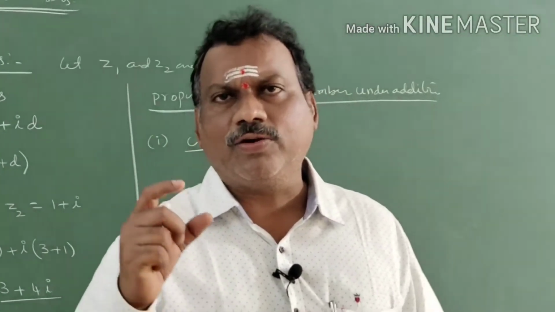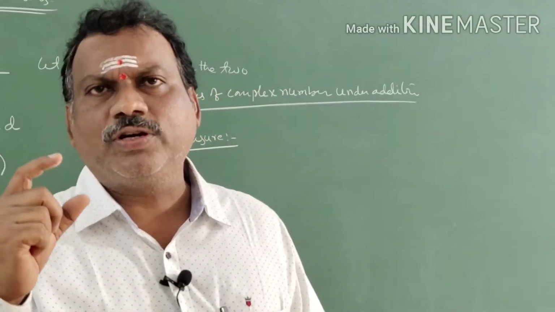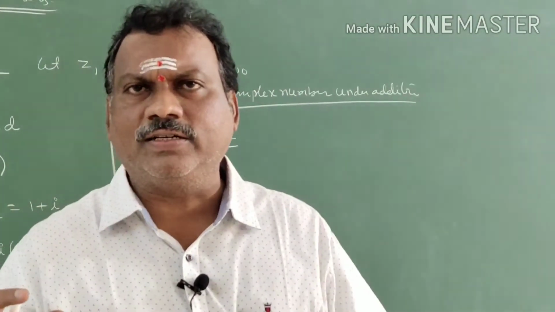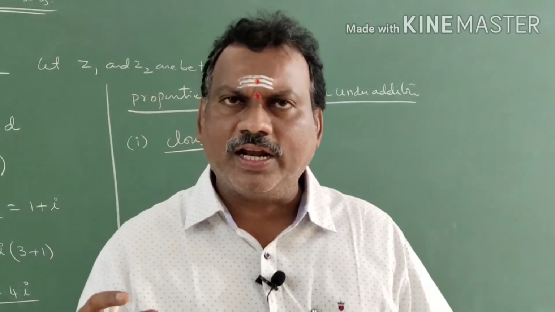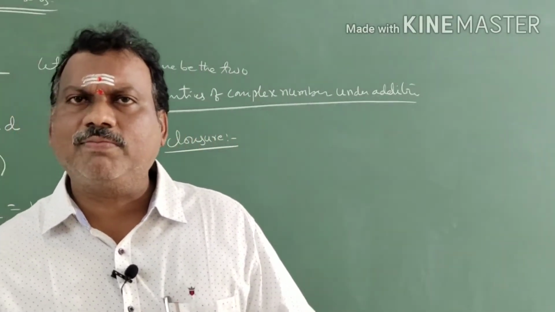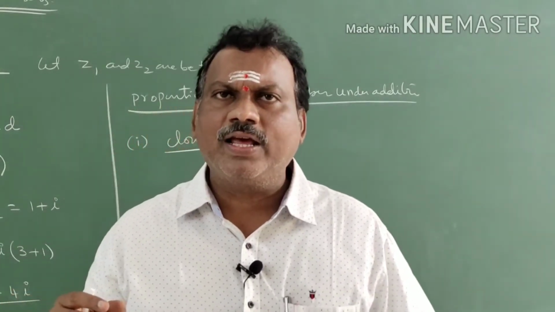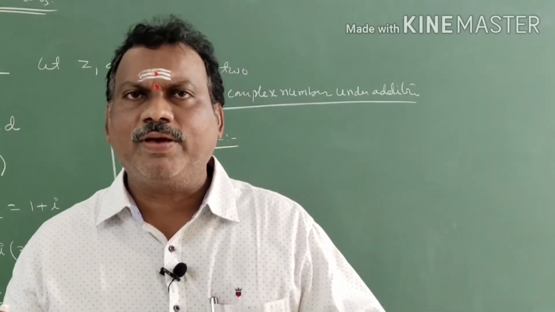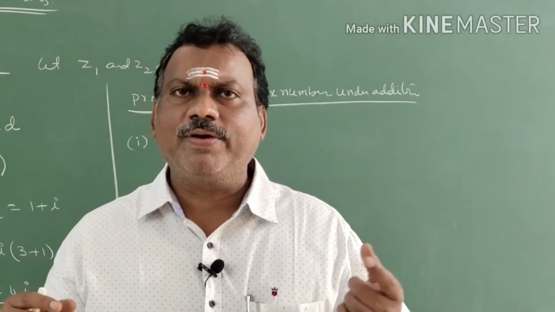Once again I'll repeat, closure means you pick two numbers from a particular set, it may be natural numbers, whole numbers, integers, rational numbers, irrational numbers, real numbers, imaginary numbers, or complex numbers.